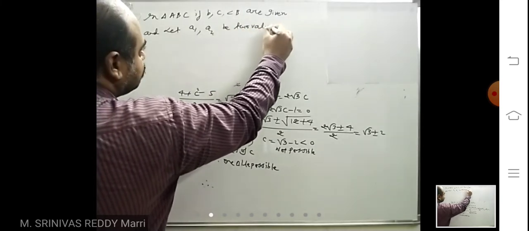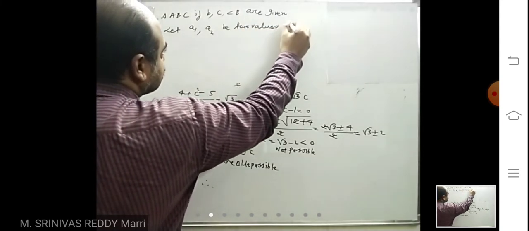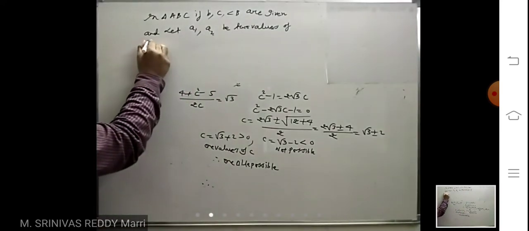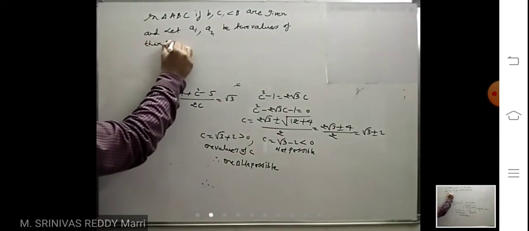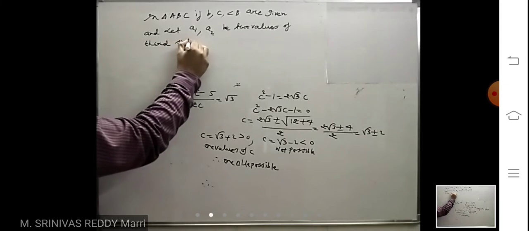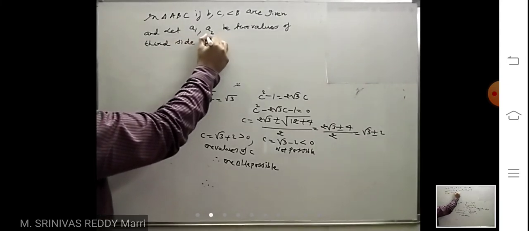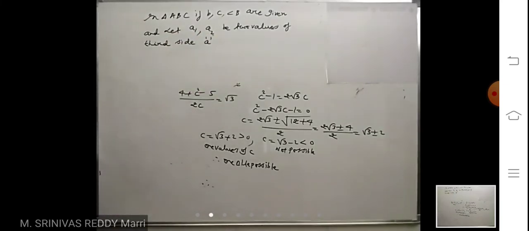He is telling that two values are there of side a.